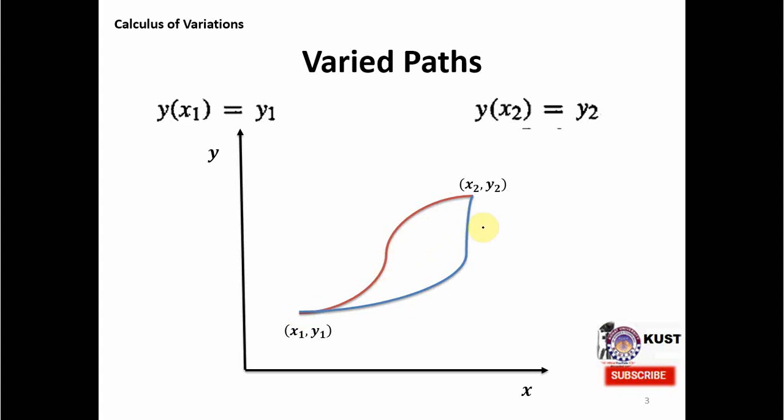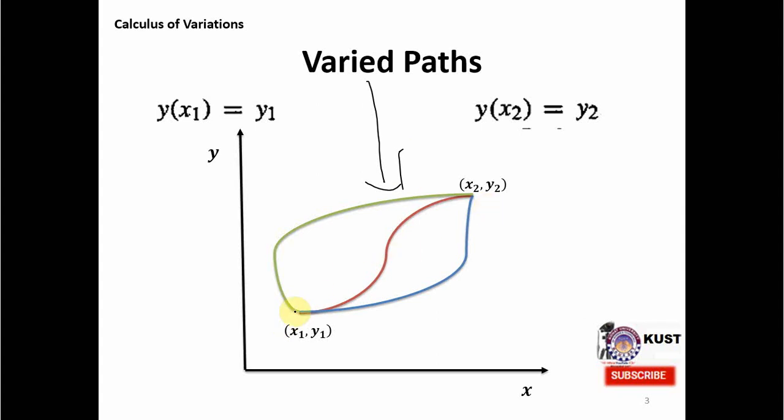So this is the condition that all the paths which we can construct here will pass through these 2 points, and there could be another path, and there could be an infinite number of paths, but the only condition on these varied paths is that these are all possible paths, but none of them is actually the actual path.